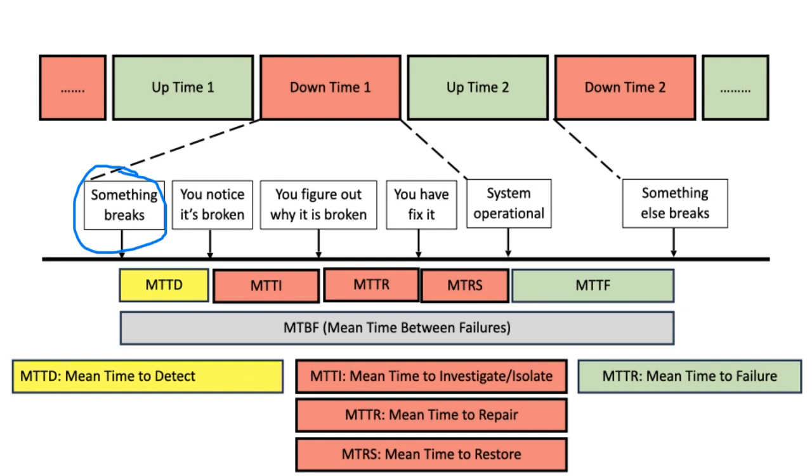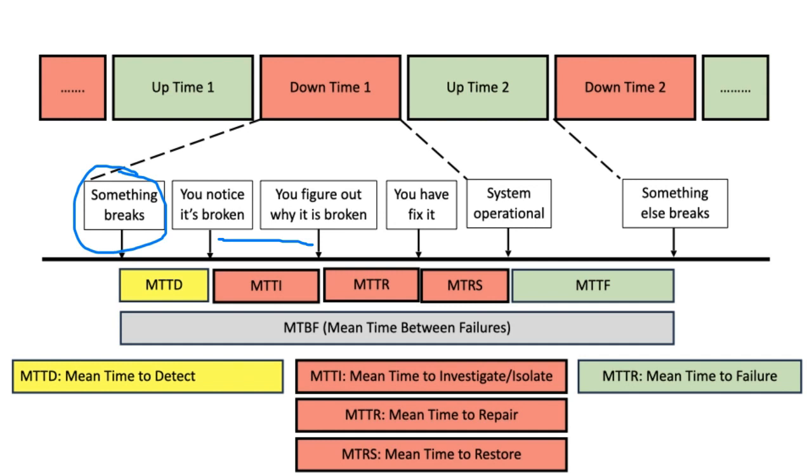The time between something breaking and our noticing it's broken is the mean time to detect. After we notice it is broken, we figure out why it is broken. This is the time domain for MTTI, mean time to investigate or mean time to isolate.